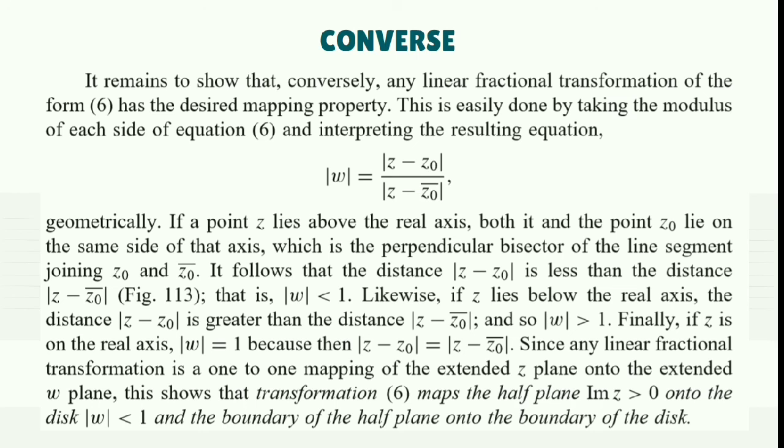Since any linear fractional transformation is a one-to-one mapping of the extended z-plane onto the extended w-plane, this shows that transformation 6 maps the half plane of positive imaginary z onto the disk |w| less than 1, and the boundary of the half plane onto the boundary of the disk.